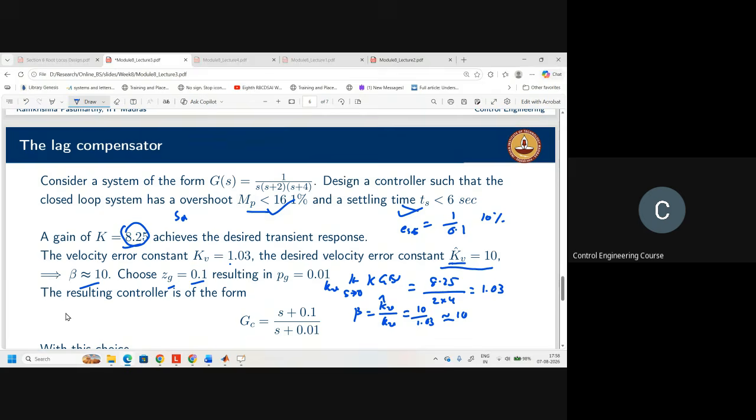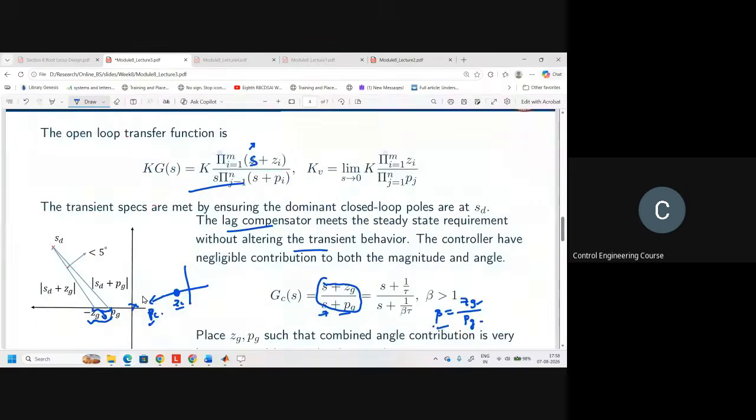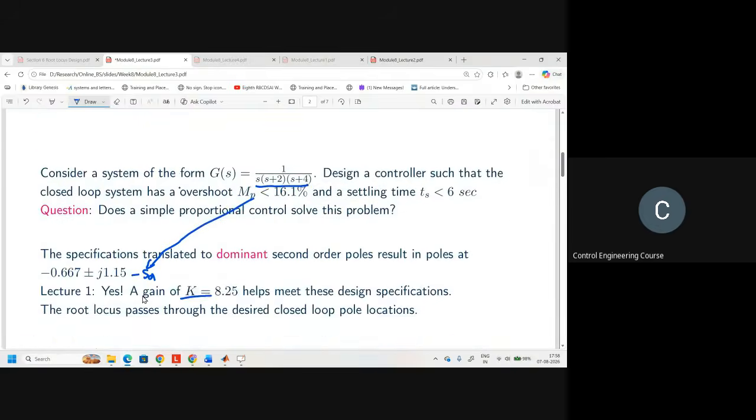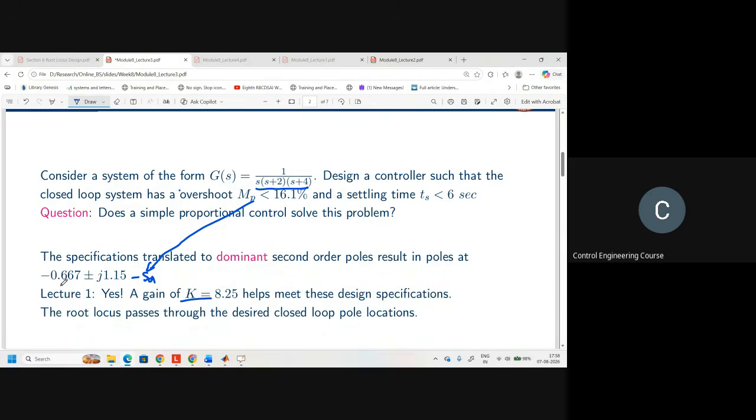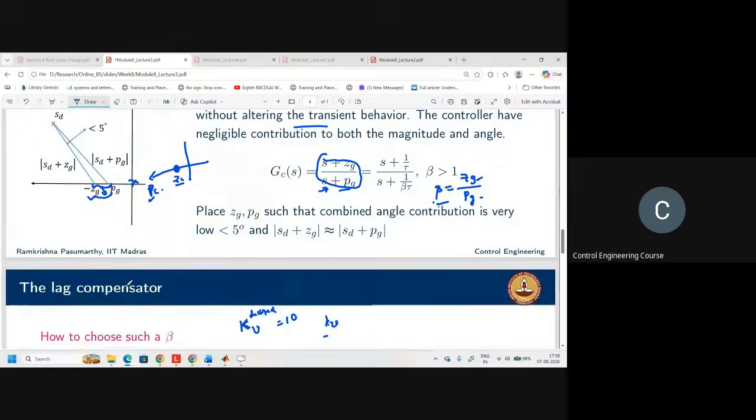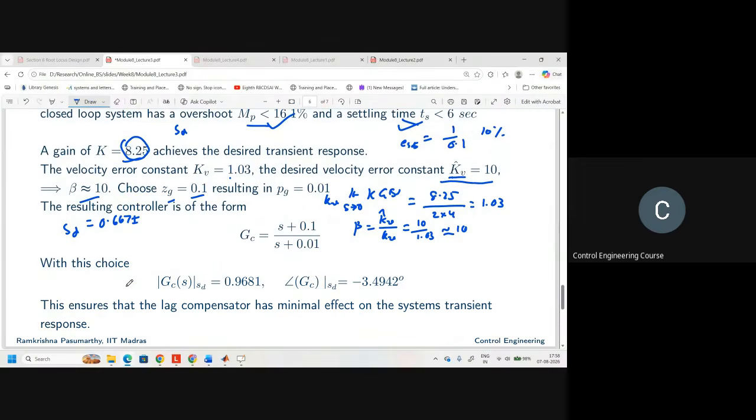Let us suppose your s_d is 0.667 plus or minus j 1.15, and the real part is this one.